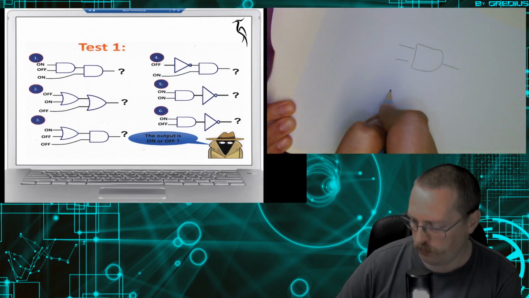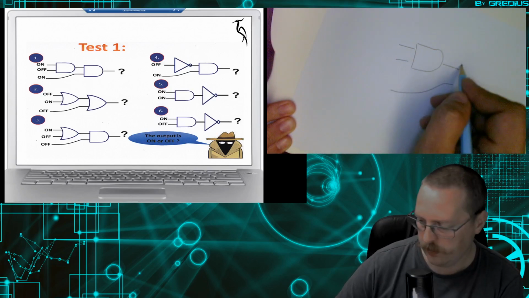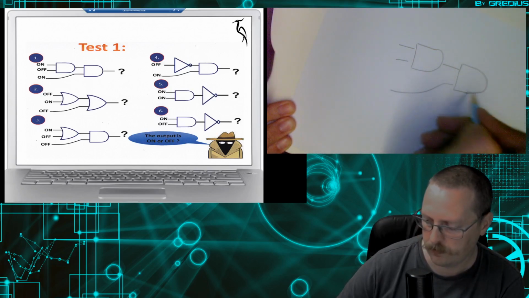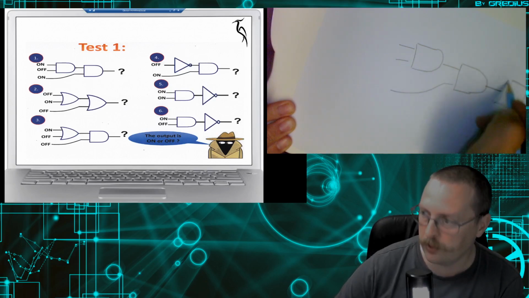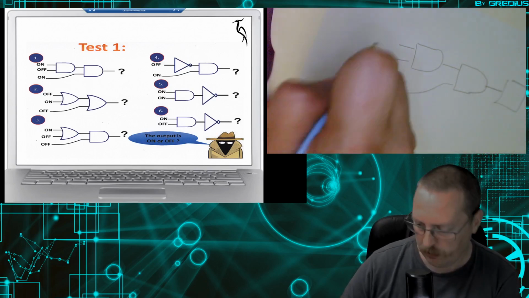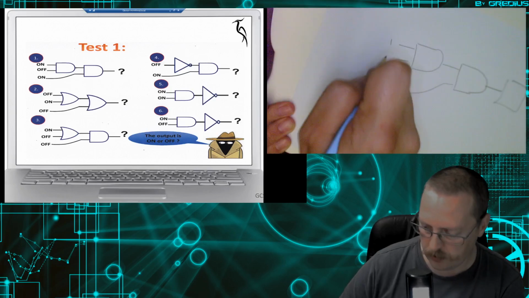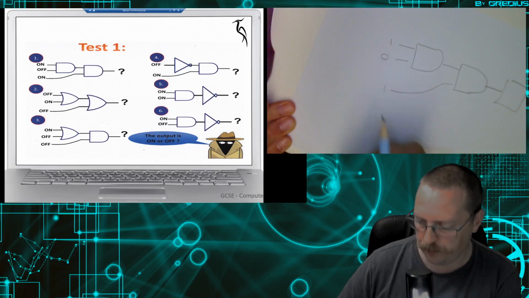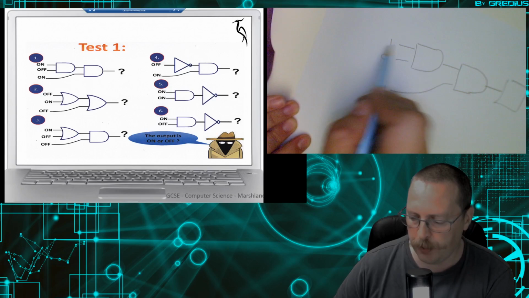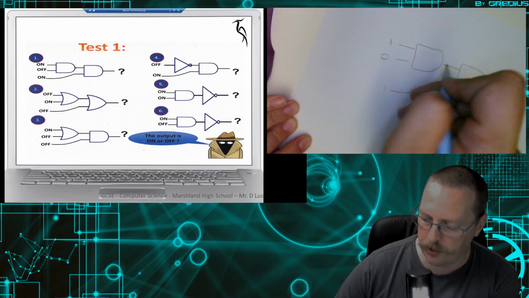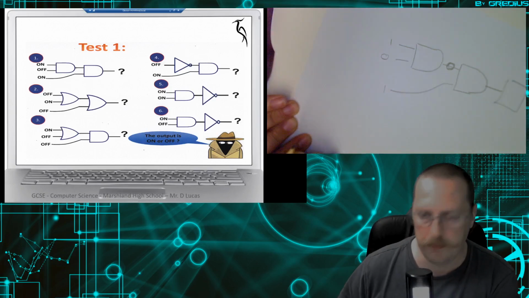And we've got another AND gate. So we're trying to work out what this is here. We've got one that's on, one that's off, and one that's on. So this is an AND gate. Are both of them on? Is this and this on? Well, it's not. So that is a 0.